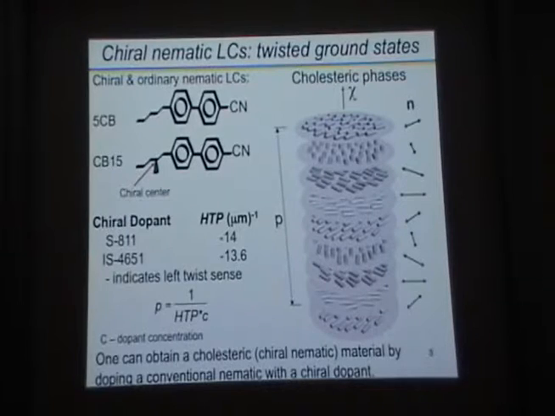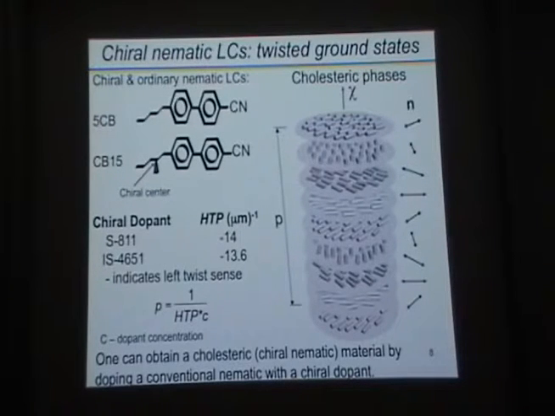Well, you could also have a variety of different chiral phases, and again, the most common one I show here, where the cylindrical molecules of liquid crystal twist with respect to each other along this helical axis chi, and the distance over which they twist by 360 degrees is called the cholesteric pitch.